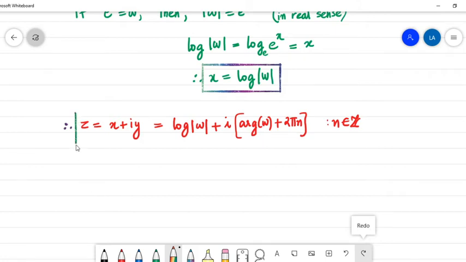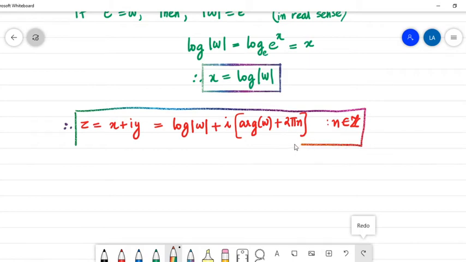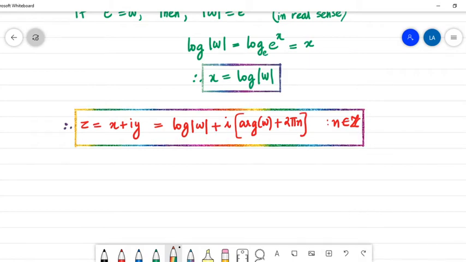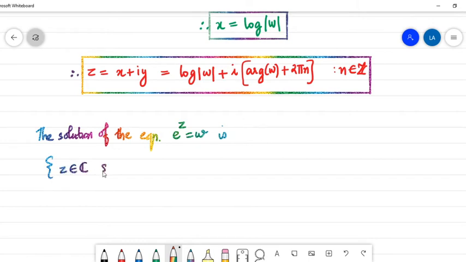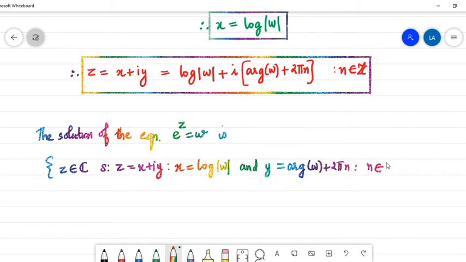Now let's conclude by saying that the solution of the equation e raised to z is equal to w is the set of all complex numbers such that z is equal to x plus iy, where x is equal to log of mod w and y is equal to argument of w plus 2 pi n, where n is varying in the set of natural numbers.